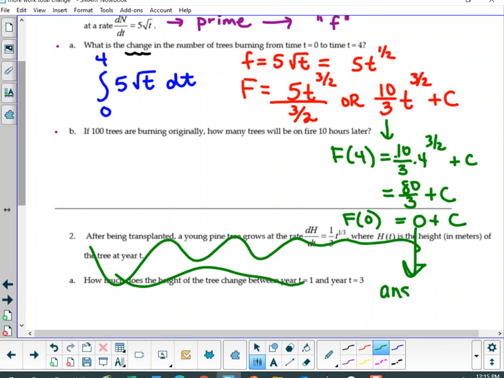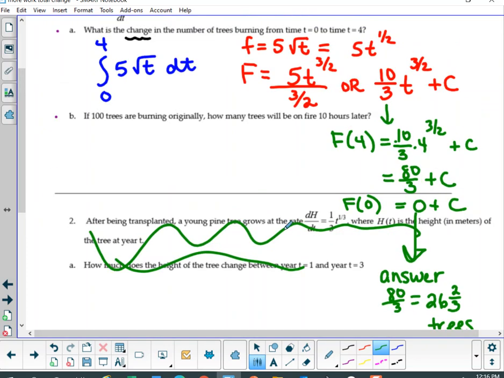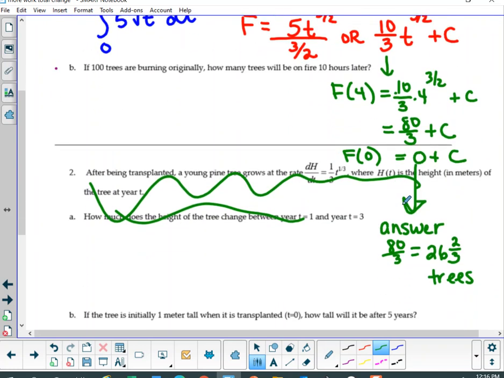My answer for that is 80/3, or I think that becomes like 26 2/3. And what were we counting on this one? We're counting trees. How many trees caught on fire between time 0 and time 4? 26 2/3 trees.